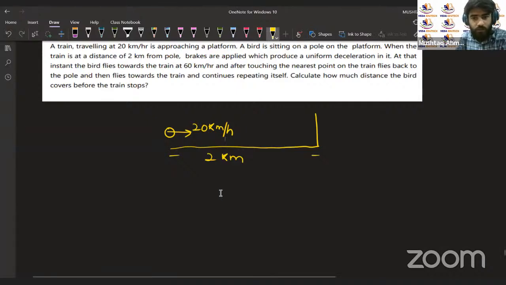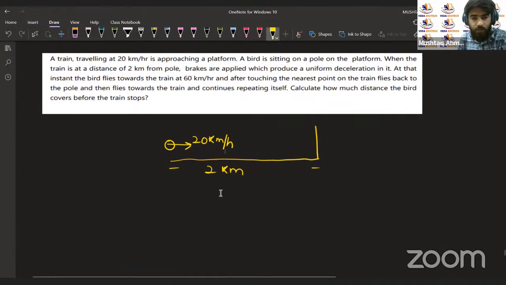Now, what happens is that the train stops after some time, right? We will try to calculate after how much time the train actually stops.